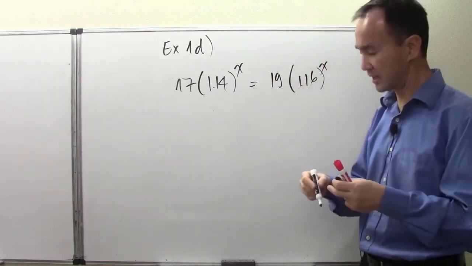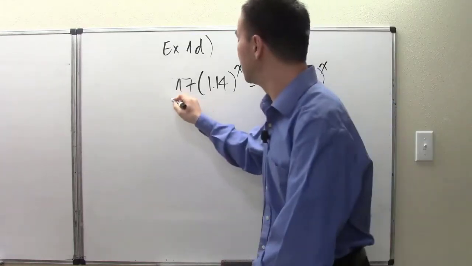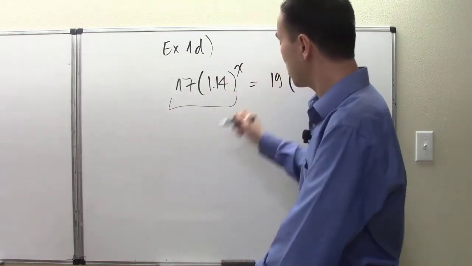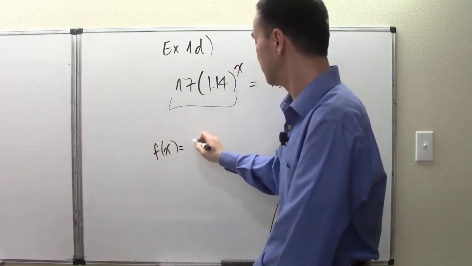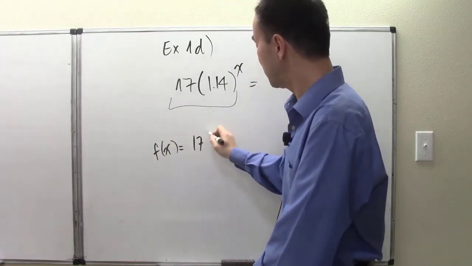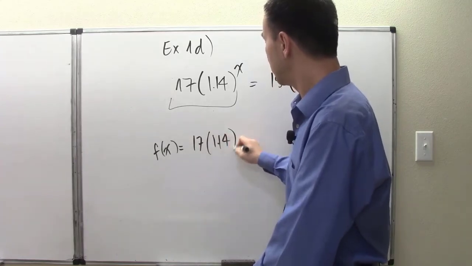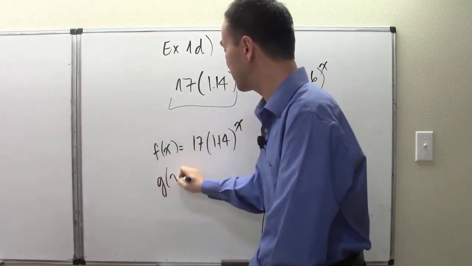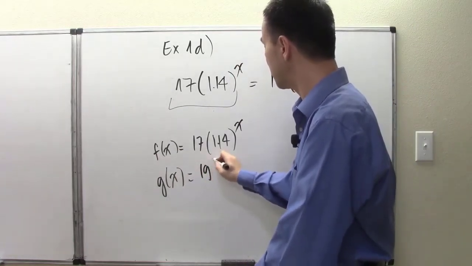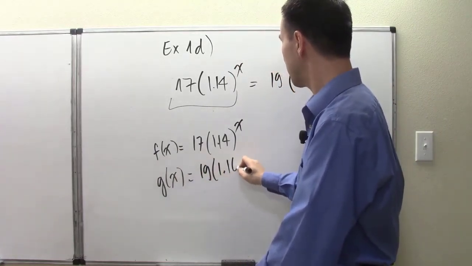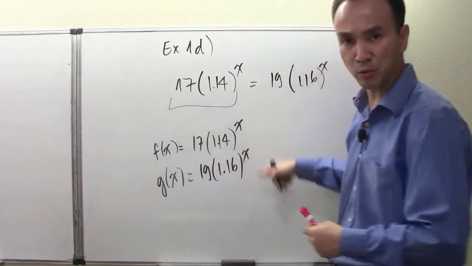Once again, solving this equation means we want to find the x value satisfying f of x equals 17 times 1.14 to the x, and we can see that g of x on the right-hand side can be regarded as another function, 19 times 1.16 to the x. These are all exponential functions.